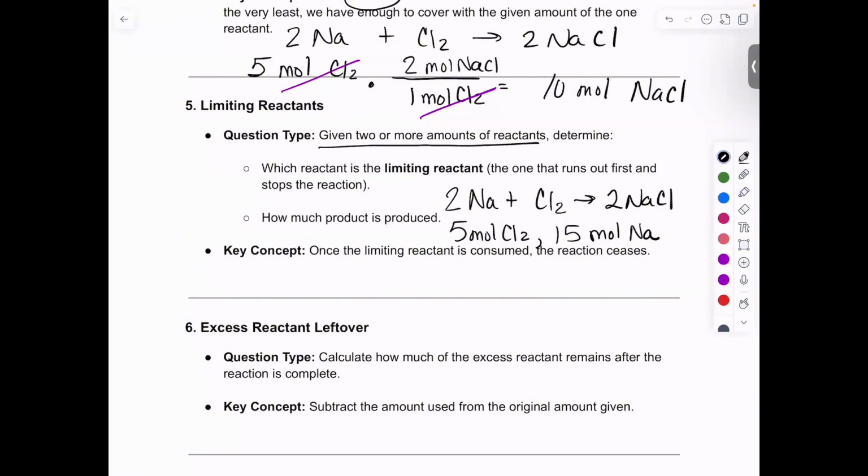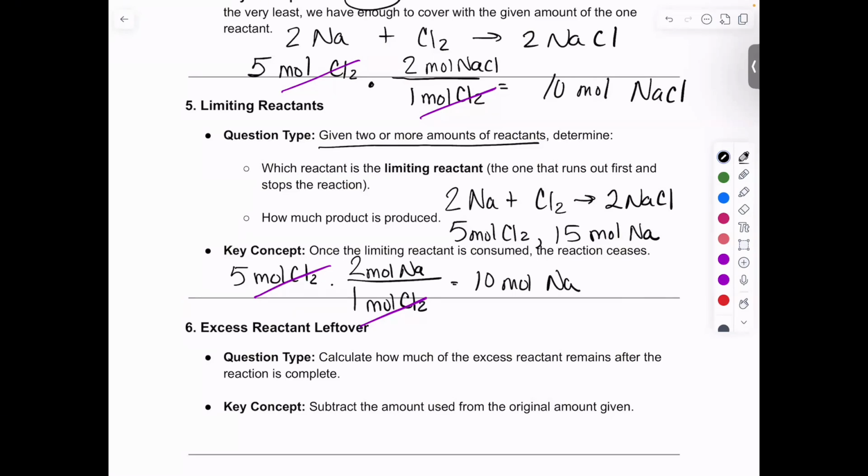So I will look at that from a quantitative aspect. 5 moles of Cl2, for every 1 mole of Cl2, I need 2 moles of Na. Aha. So I technically need only 10 moles of Na. Do I have 10 moles? Yes, I actually have 15, right?